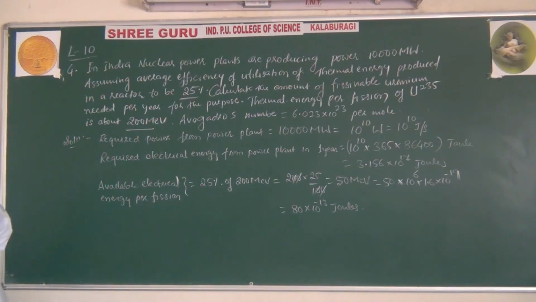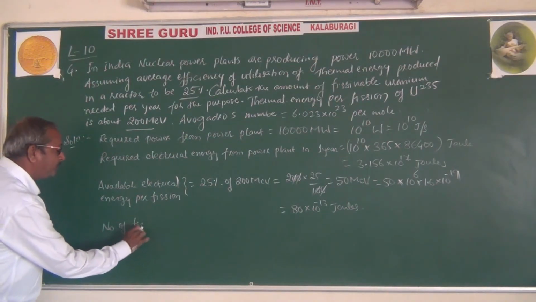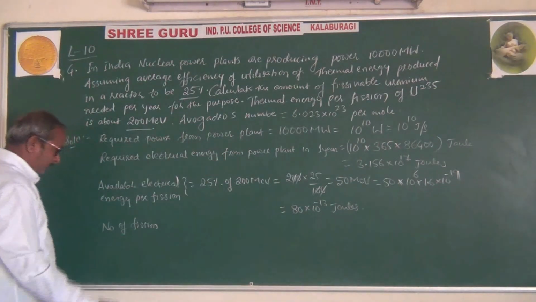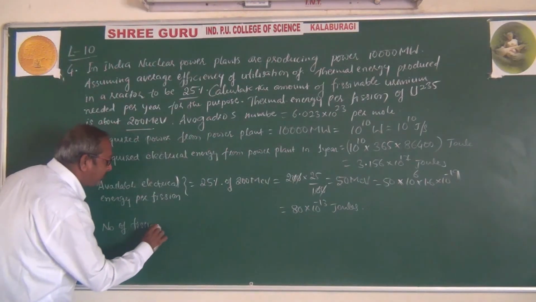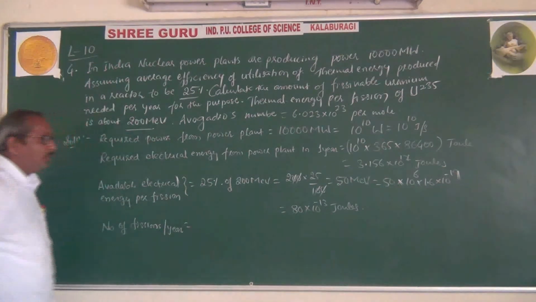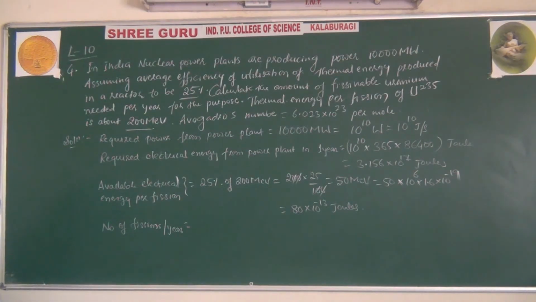You get it? Now the number of fission per year. How many fissions can take place per year? Because here we got the energy per fission. Number of fissions per year is equal to total energy divided by the energy of each fission. Each fission is 80 into 10 raised to minus 13 joules.